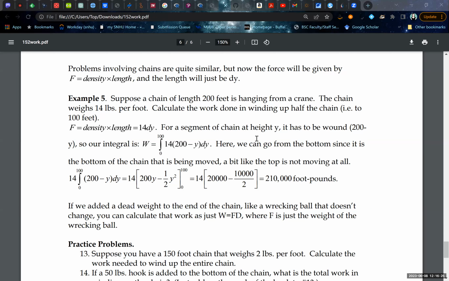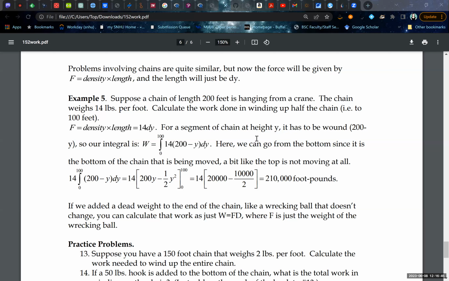So that's why the 200 minus y. This expression requires that I'm setting my 0 at the ground, at the bottom of the chain, and 200, since the chain is 200 feet long, is the top of the chain.